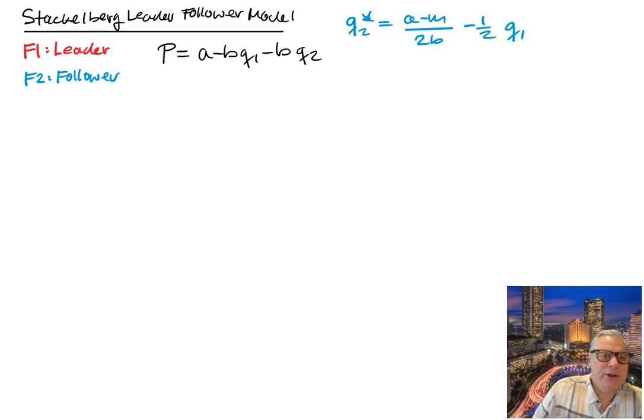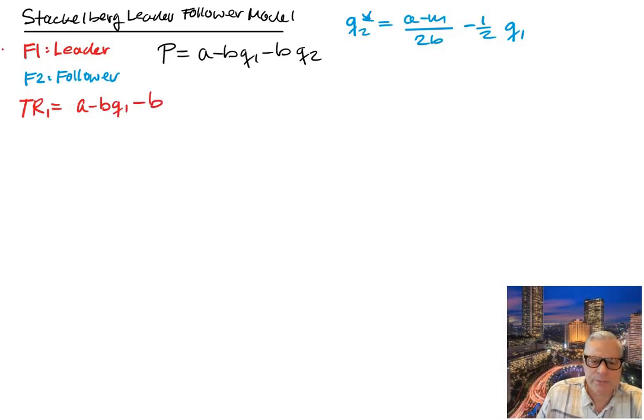Okay, so now how does the leader maximize profit? So the leader will look at his total revenue function, and that is the price, which is A minus B Q1 minus B Q2.